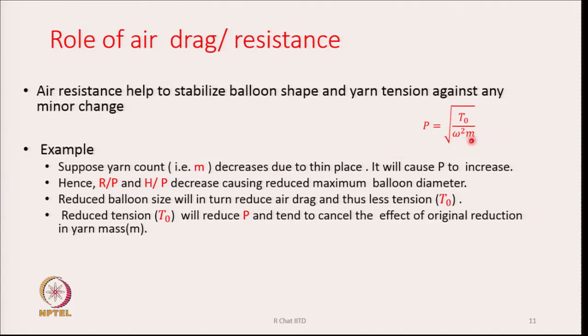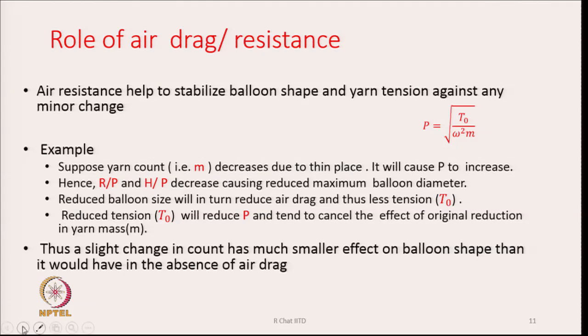So, there is a possibility of increase in P because m is going down, and at the same time there is a possibility of P decreasing because T0 is going down. So, these two will cancel each other to some extent, and therefore P may not change substantially, and that basically means that is the way the system will self-adjust and avoid a collapsing tendency.